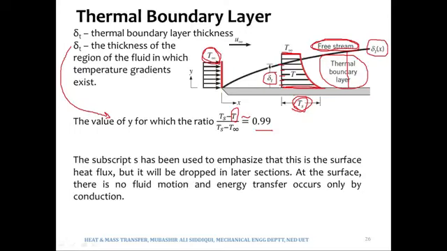If we are closer to the end of the boundary layer, this ratio would approximately be 99% or approximately be 1, right? Because at the end, after the boundary layer ends, T becomes T infinity. So when T becomes T infinity, this ratio would become 1, and when we are just before the boundary layer end, this ratio would be approximately 99%.